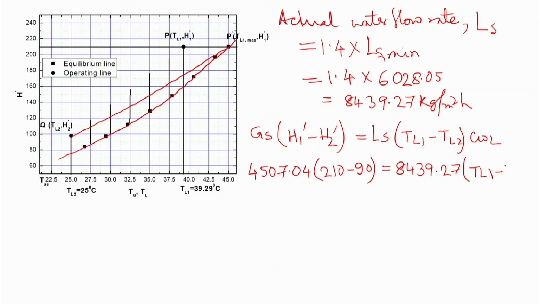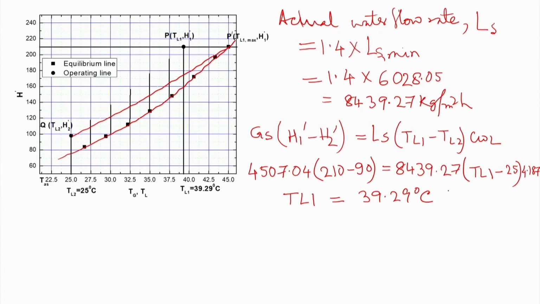Then TL1 minus TL2, where TL2 is 25, into 4.187. So, from this equation, after manipulation, we will get TL1 is equal to 39.29 degrees Celsius.